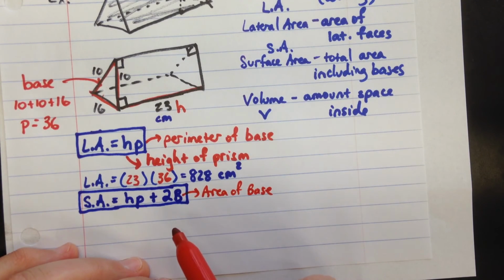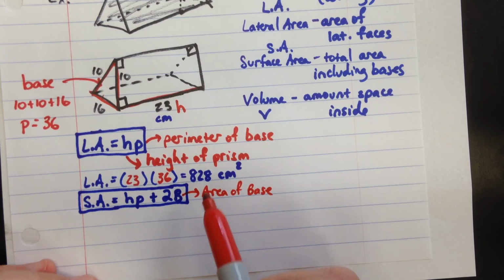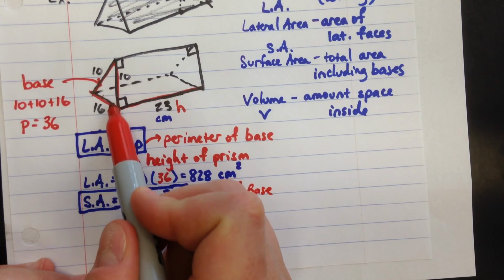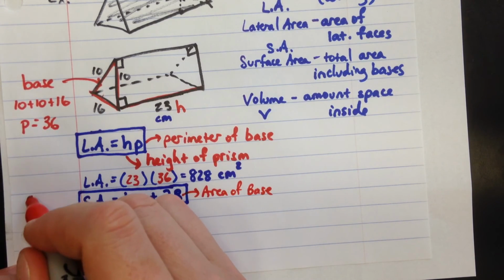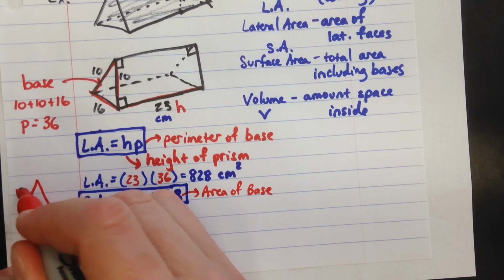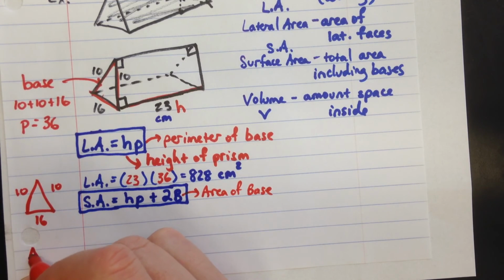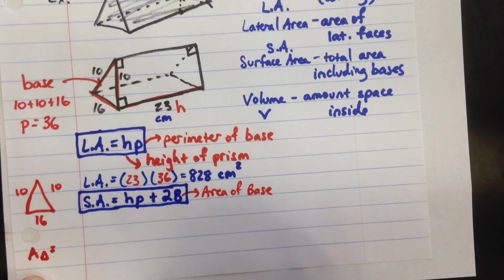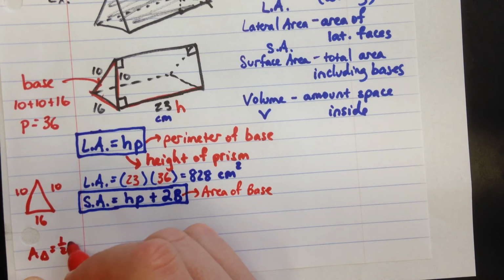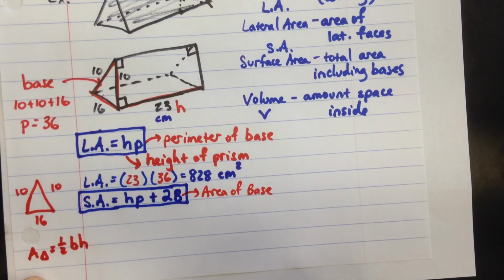Now, capital B is the area of the base. Well, the base is the triangle right here. I'm going to draw that triangle. Again, it's isosceles, 10, 10, 16. I need to find the area of a triangle. Well, area of a triangle is 1/2 times base of the triangle times the height.